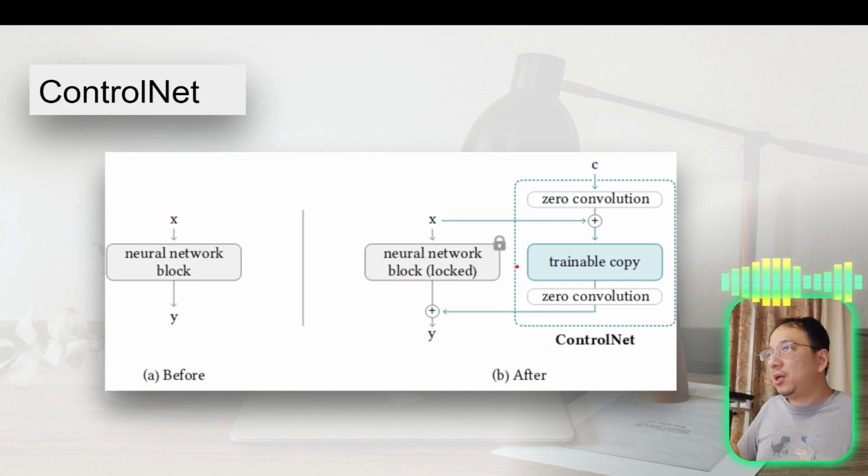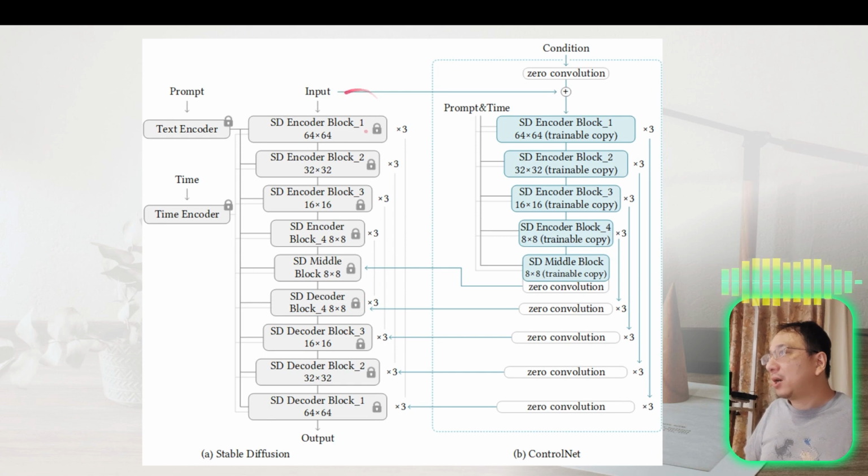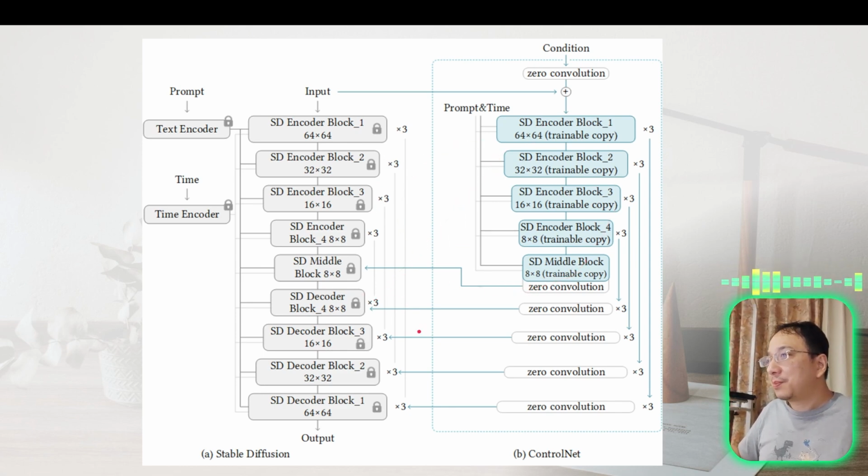So how do we apply this modification to the actual Stable Diffusion model? We are doing so for the UNet part. So this is the UNet part, the layers of the UNet. We are applying the ControlNet modification to the up blocks. In a UNet, we have down blocks and up blocks.